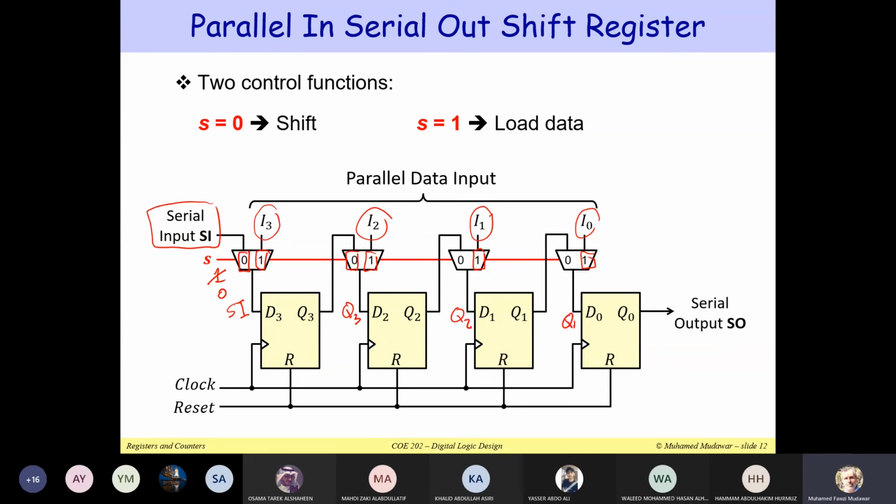So basically we are shifting to the right, and we have achieved two functions. Either we can shift or we can load the data, according to S. You can see that here we just use 2x1 multiplexers, and we can decide whether to shift or to load the data. Any questions about this? It's not really that hard to design these shift registers, depending, of course, on the function.